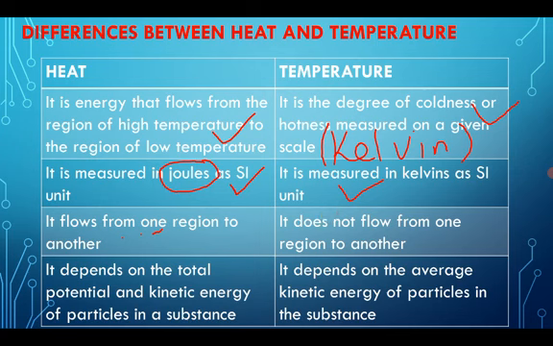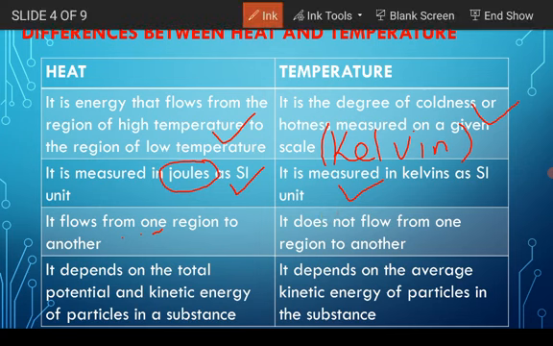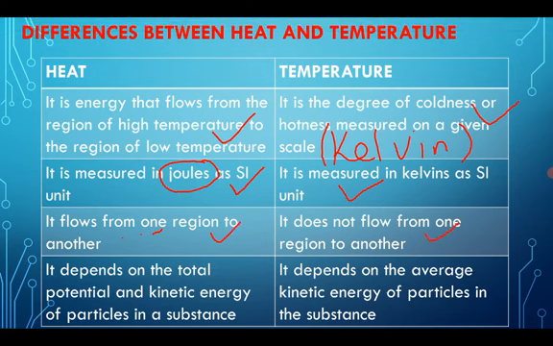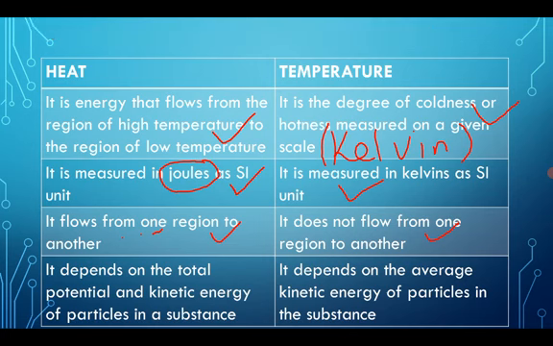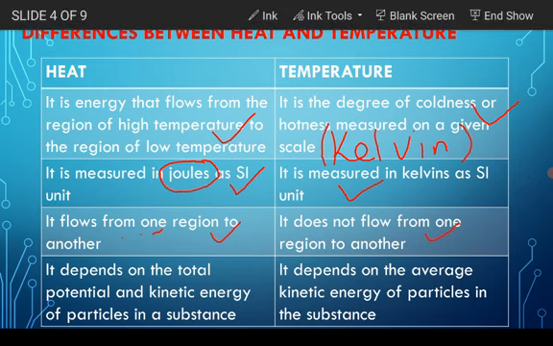Let me advise you that when you are giving differences between two concepts, you can use the table method. You have two columns in which the column headings are the two concepts to be differentiated, and then you give contrasting statements, which are basically the differences between the two.